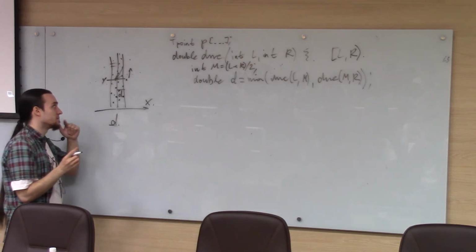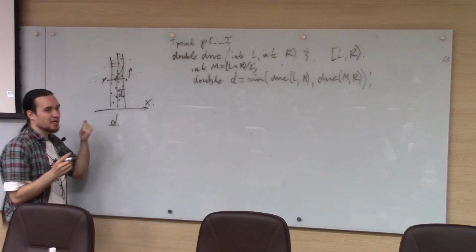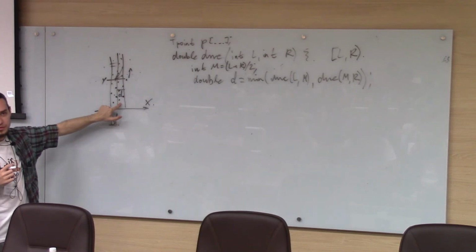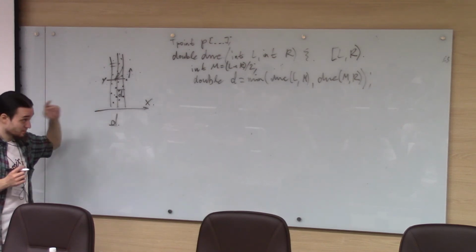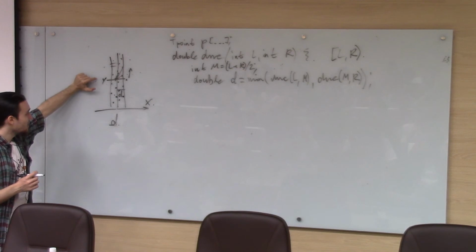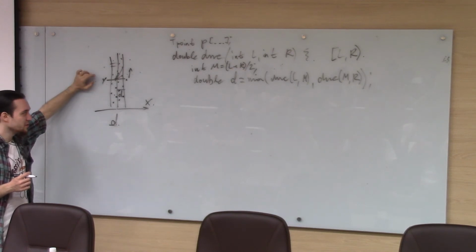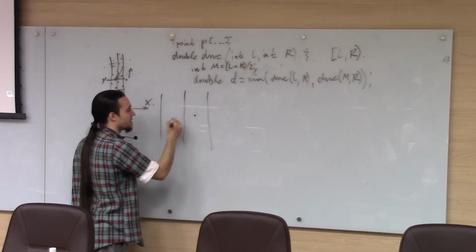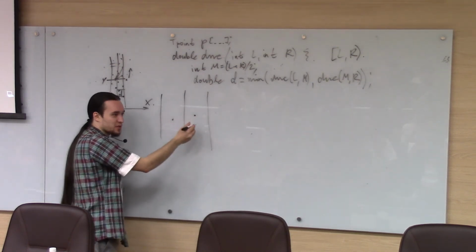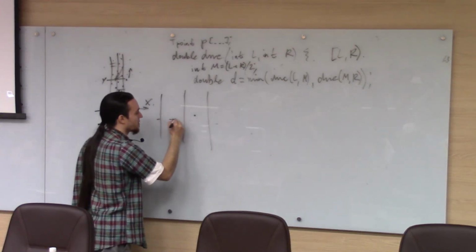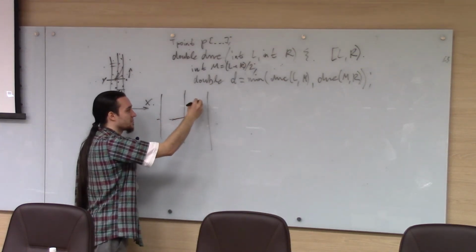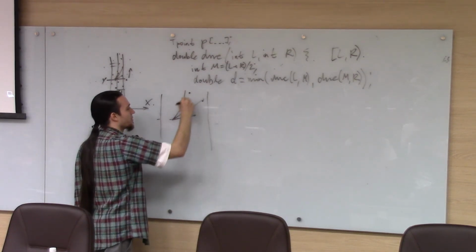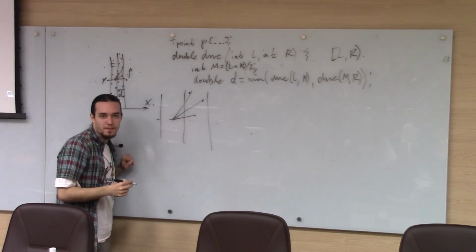So basically, it's a kind of naive solution. Now we have these two lists of points, and we try all pairs of points. For a particular point, we start here, and here is the lowest point that is higher than this. So we try this, and then comes the next point, and we try this, and then comes the next point, and so on.